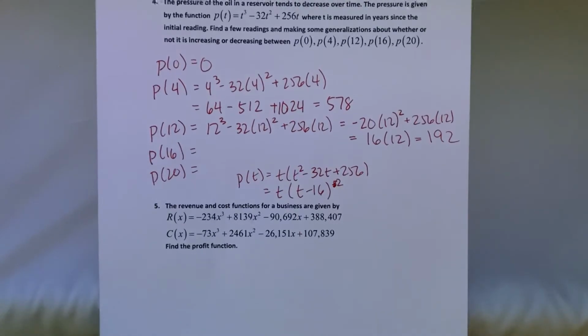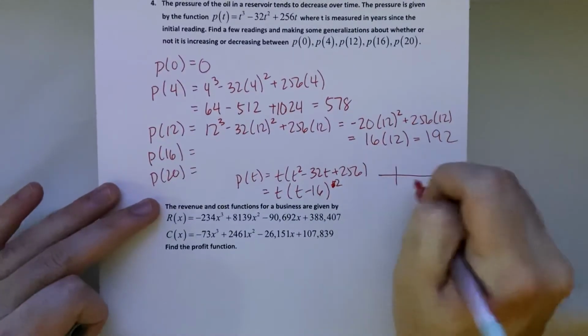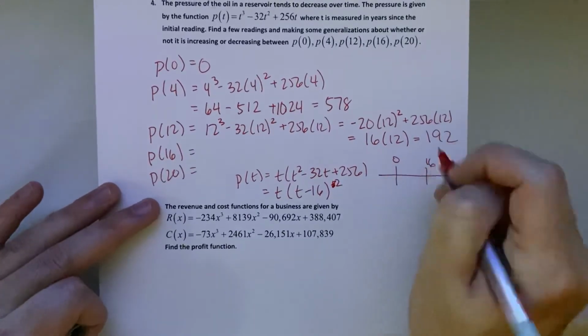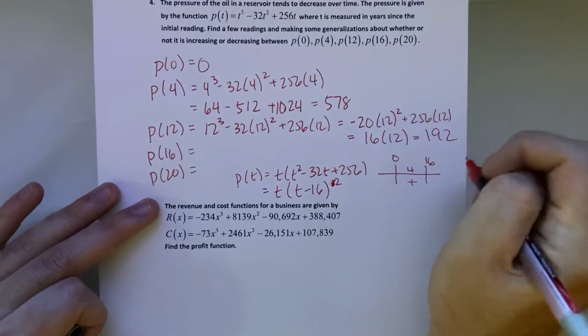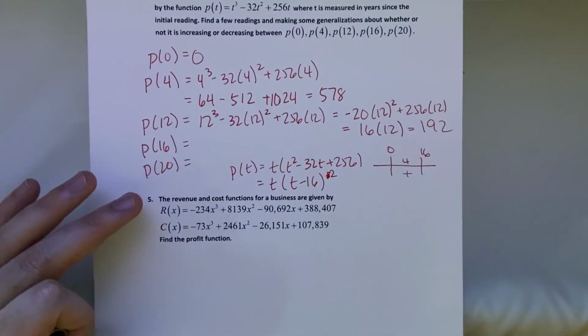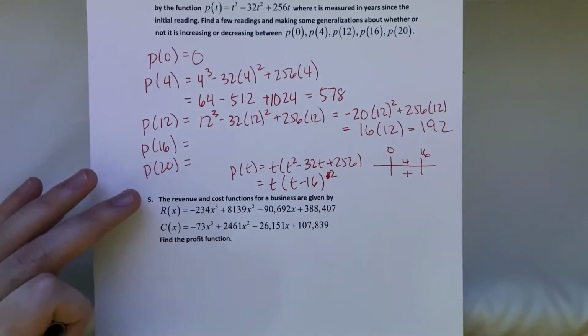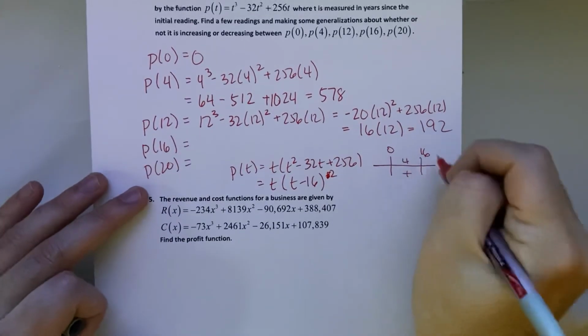And between 0 and 16, if those were my only two zeros, you can see I plugged in the number 4 and I got a positive. Now if I plugged in the number 20, I'm pretty sure I would get a negative. But actually I'd probably get a positive there because this is a double root.